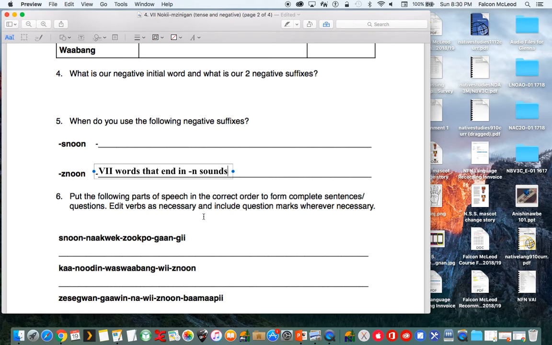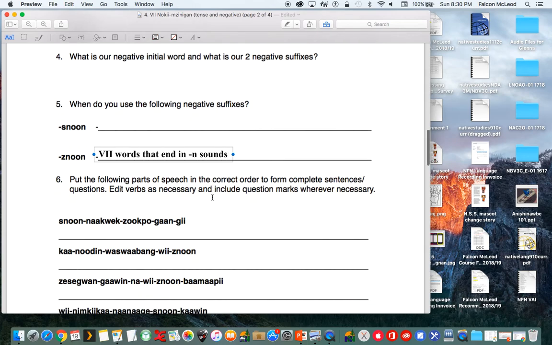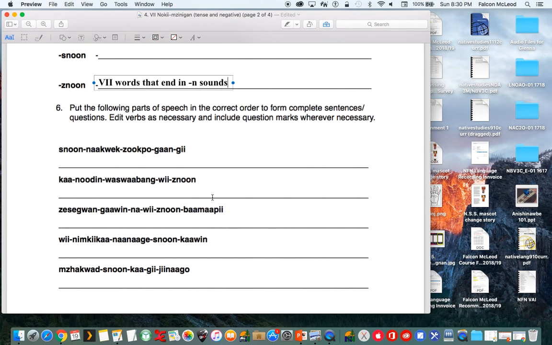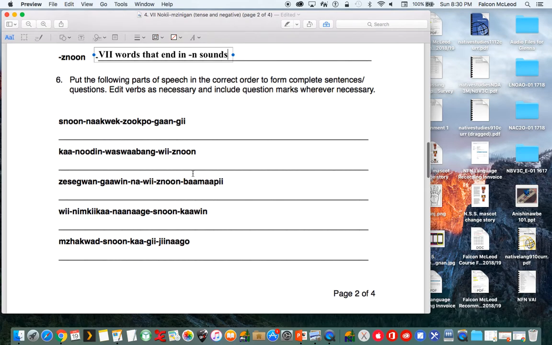All right. So put the following parts of speech in the correct order to form complete sentences or questions. Edit the verbs as necessary and include question marks wherever necessary. So let's see here. Let's do a good one here.